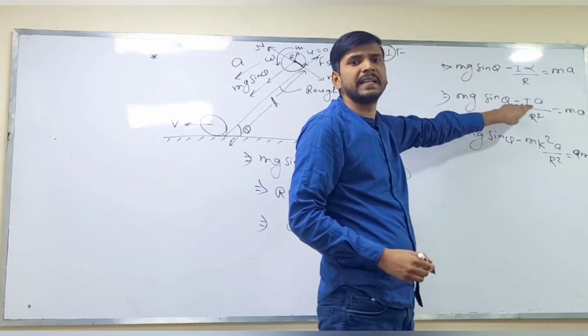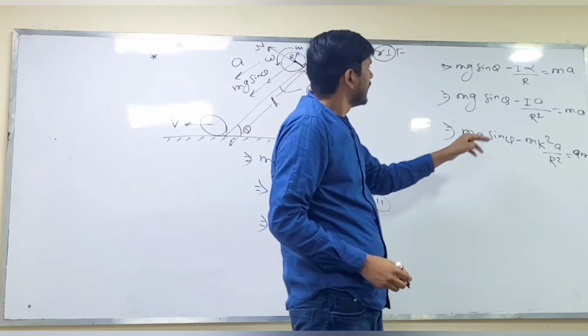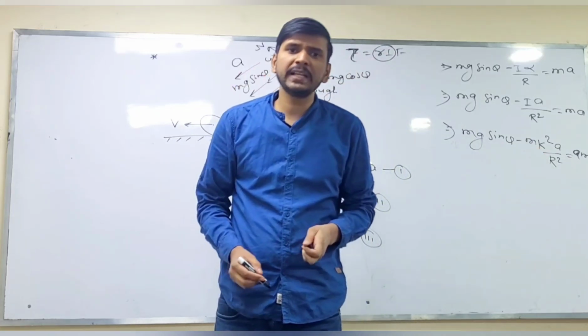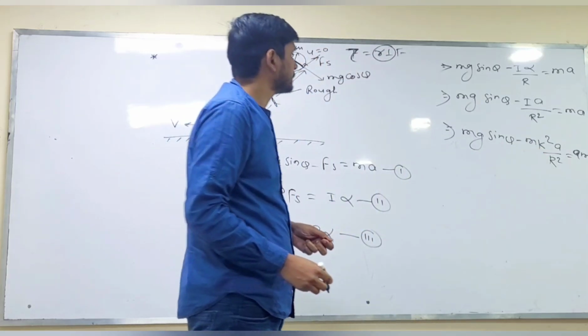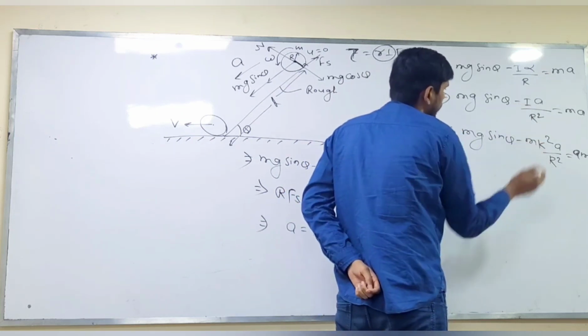Moment of inertia can be written in terms of radius of gyration. If a body has mass m, its moment of inertia is mk square in terms of radius of gyration. So we will write I equal to mk square.